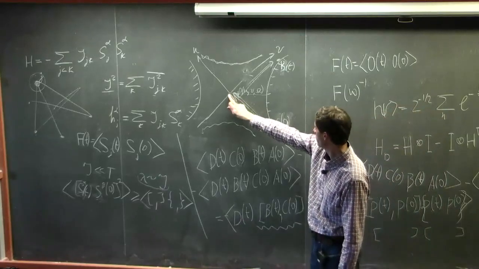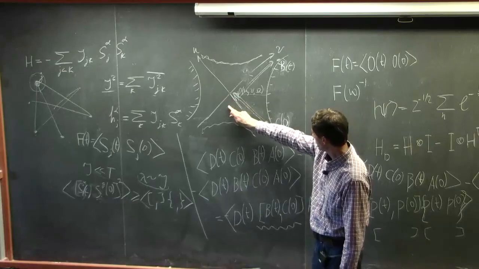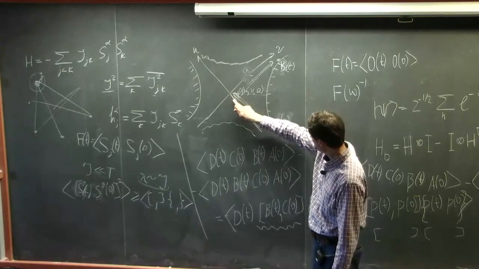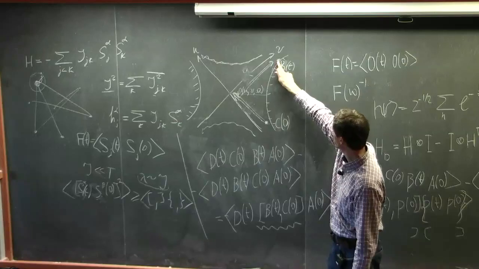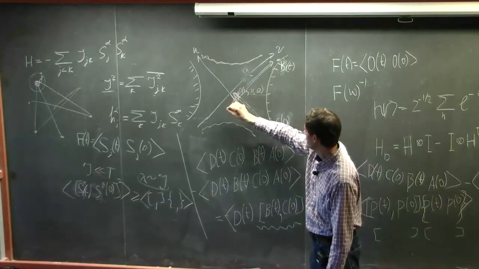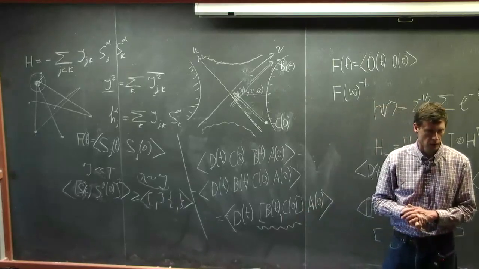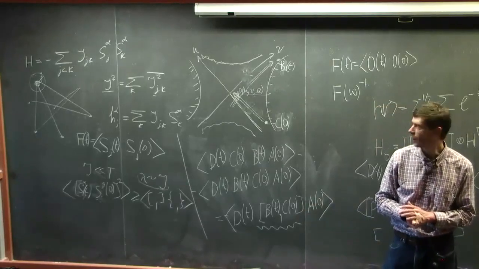This mode C of 0 and this mode that corresponds to B of t meet near the horizon at very high relative energy. The Lorentz factor is very high.